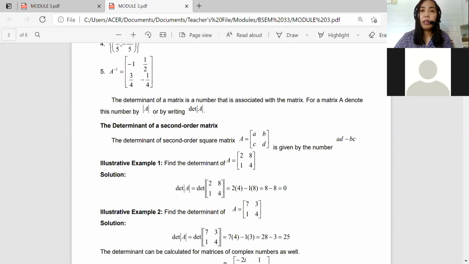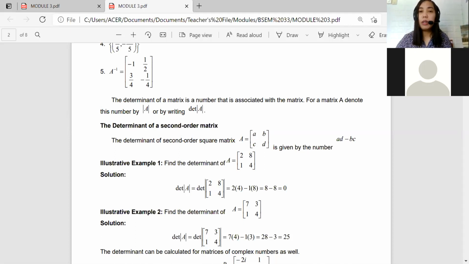The determinant of a second order matrix. The determinant of a second order square matrix, or 2 by 2 matrix, is given by the number. To find the determinant of a 2 by 2 matrix, we're going to multiply it diagonally. So A multiplied by D, so that's AD, minus, multiply it again diagonally, pataas, C times B, or that is equal to BC.